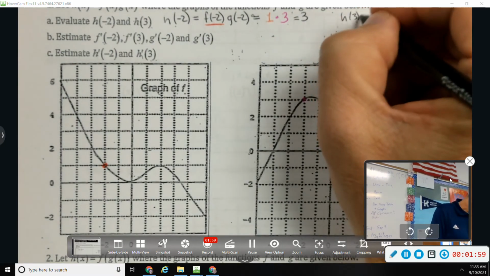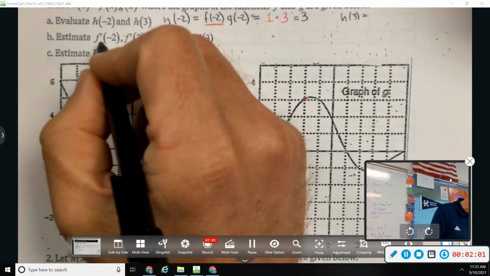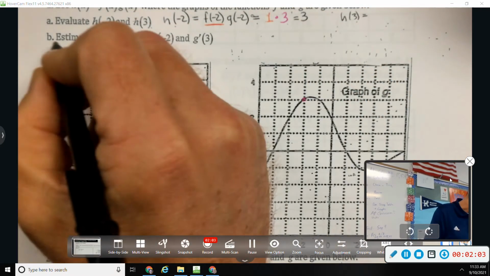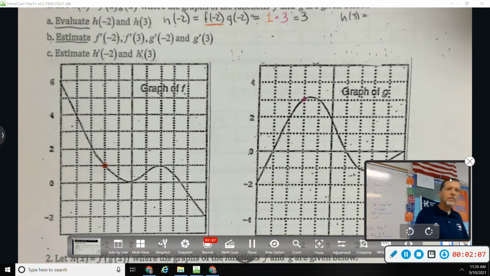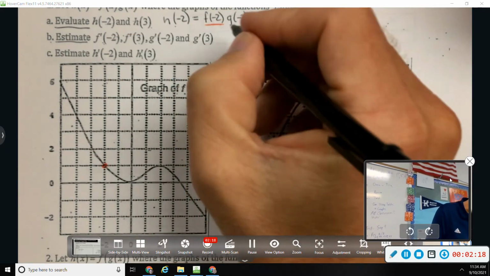H of 3 is the same thing, but we're going to skip it and find f prime of negative 2. So skip to B. And it says estimate rather than evaluate. That suggests that our answer will be less precise than part A. So find f prime. We've got a bunch of them to find.